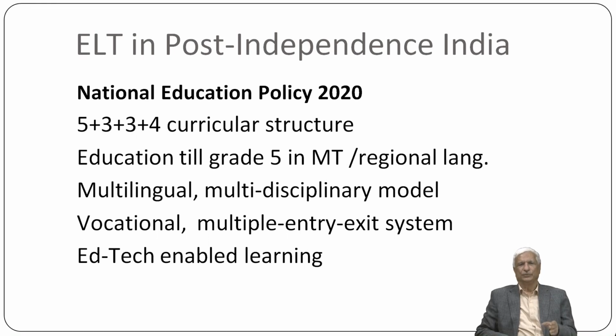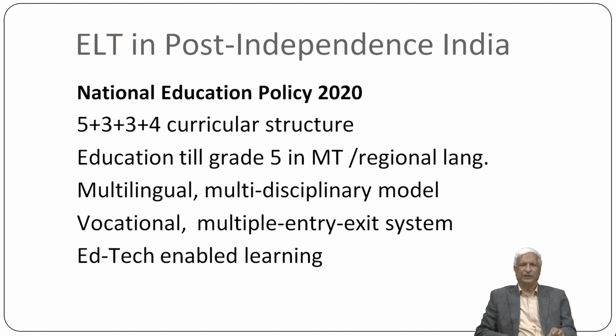Now, in the new policy of 2020, it is recommended that there should be a 5-year foundation period, including preschool of 3 years and the first standard and second standard. So first 2 years of schooling. 5 years should be seen as foundational years for literacy and numeracy skills.